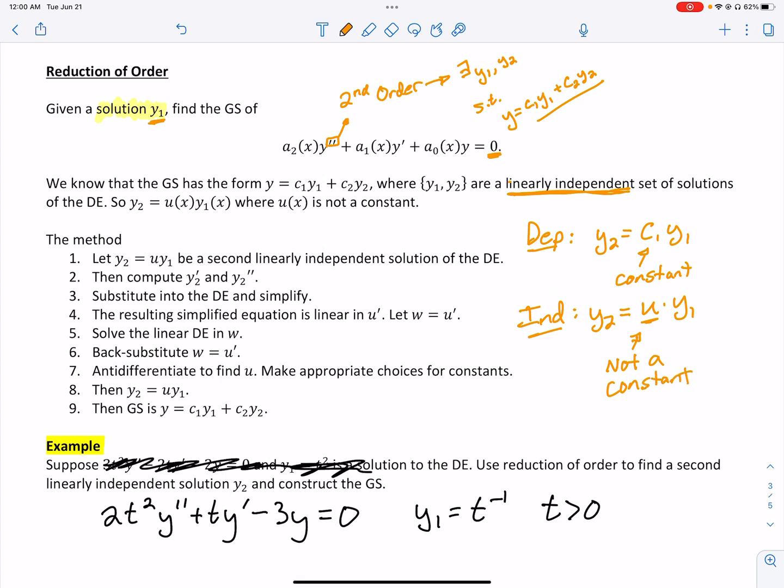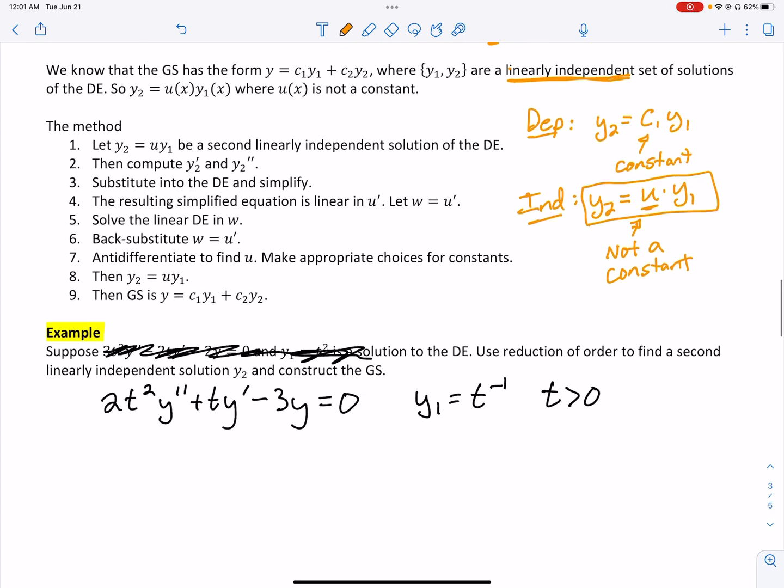So we are going to work off the idea of u not being a constant, with the form of our solution being some function times y sub 1. We're going to use that as a solution, evaluate derivatives, plug it in, and try to solve for that u. All right, so let's take this with an example.